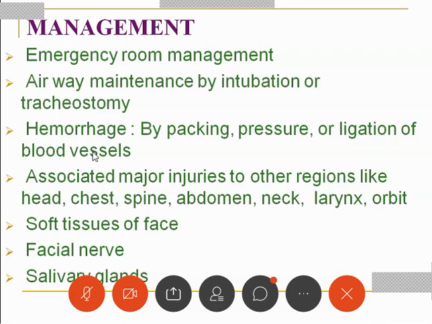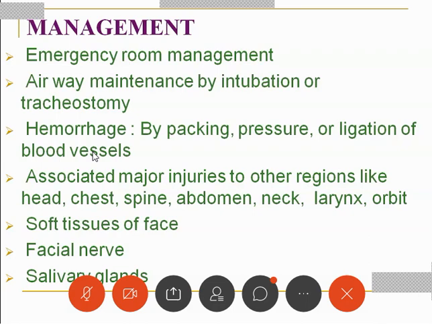If the salivary glands are injured, there may be a possibility of post-traumatic salivary fistulas, like of the parotid gland and submandibular gland, in knife injuries and road traffic injuries where the glands are exposed to the outside or even not exposed. You have to examine the salivary glands and expect this kind of pathology.